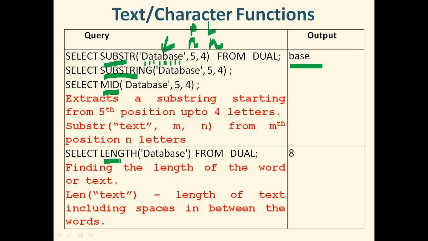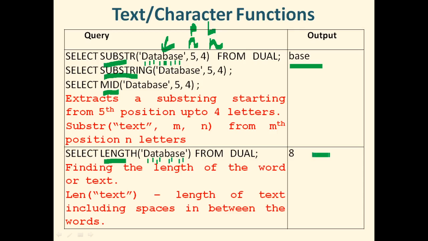Length, a very useful function in the database. Length tells you the actual length of any word or parameter provided to it. Here you can count 1, 2, 3, 4, 5, 6, 7, 8.